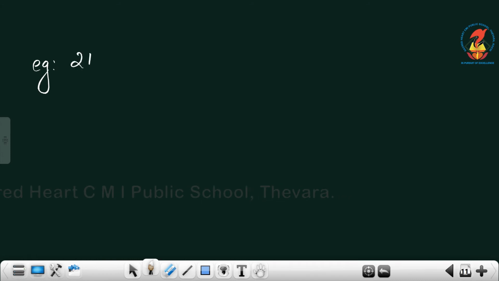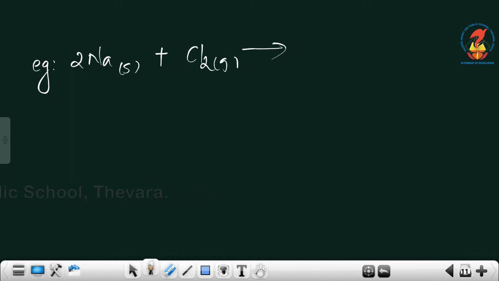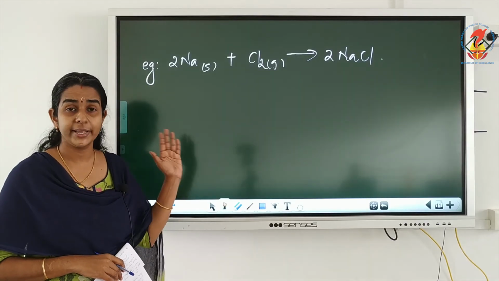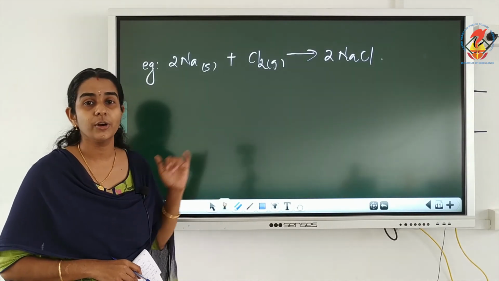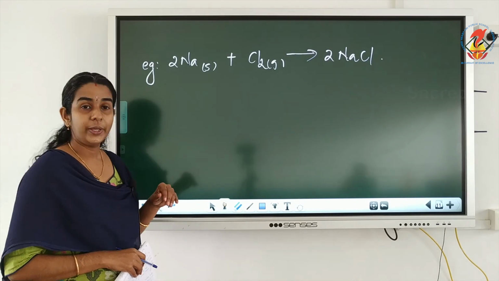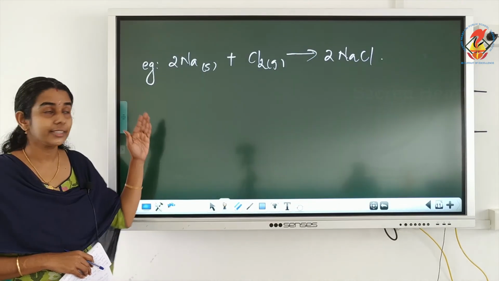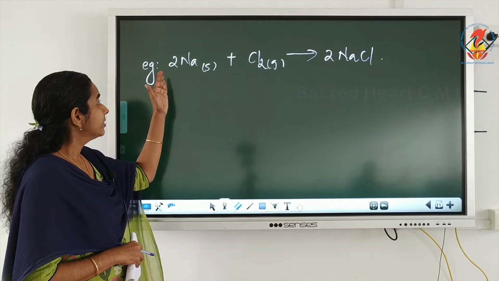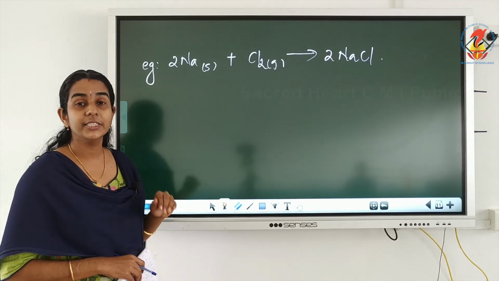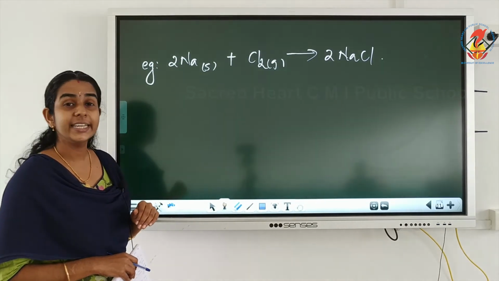For example, 2Na solid plus Cl2 gas giving 2NaCl. How we can explain this equation as a redox reaction based on electron transfer concept? See the equation, see the reactants and products. Sodium metal is combining with Cl2 giving NaCl.